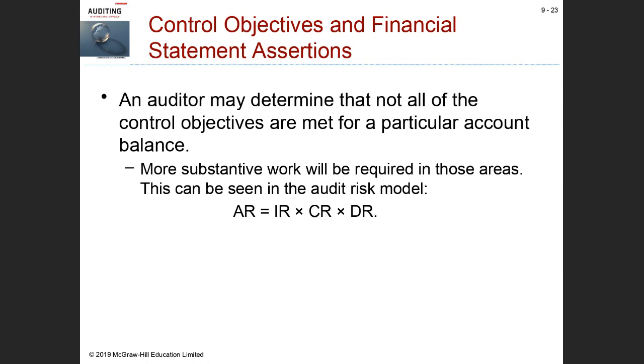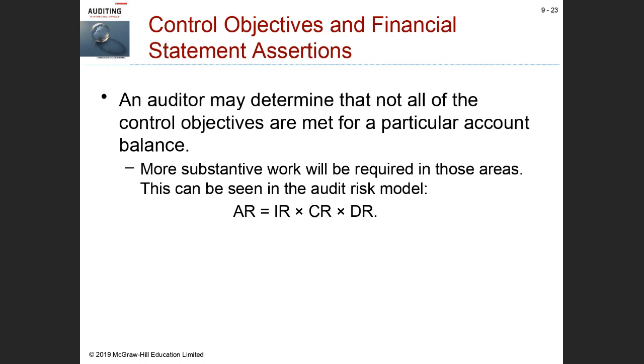How does the auditor decrease detection risk? They have to do more substantive procedures, right? Just keep in mind, we said auditors want to keep audit risk to no more than 5%. So if AR is 5%, as IR times CR increases, it means DR has to decrease to compensate, to keep AR at 5%.